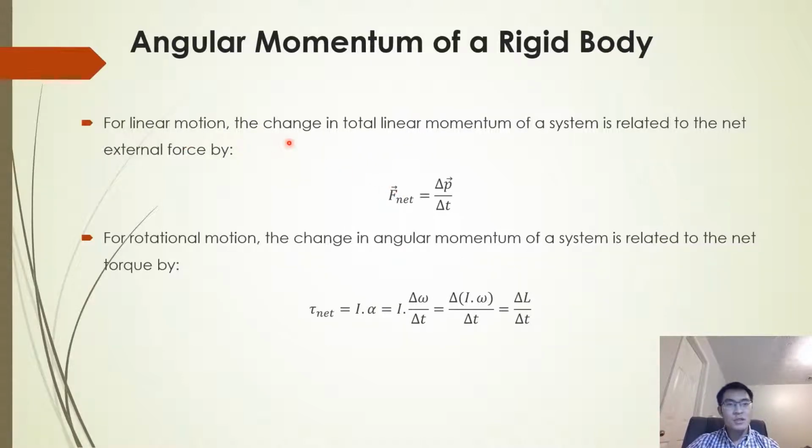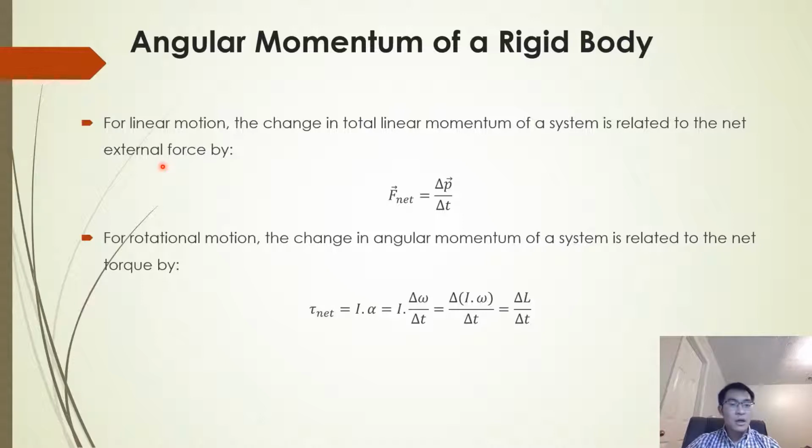For linear motion, the change in total linear momentum of a system is related to the net external force by F net equals delta p over delta t.